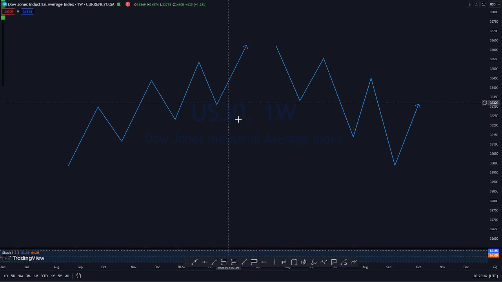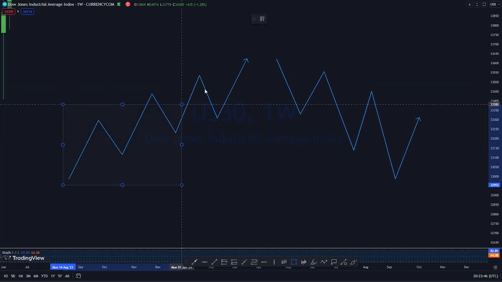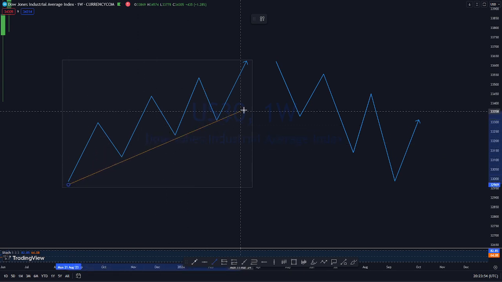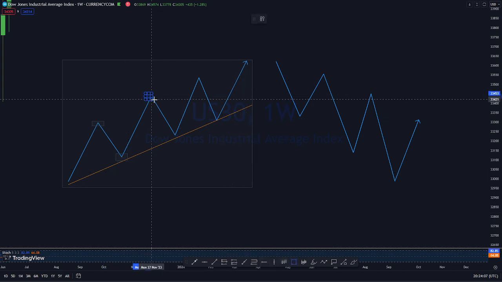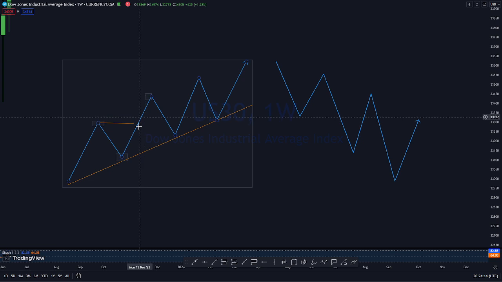So let's first look at this diagram, or this structure here, right? As you can see, it's an uptrend. And how we see that it's an uptrend is because the market is making a series of higher highs and higher lows. So if the market is breaking highs and forming higher highs and higher lows, we know that the bias direction of the market, or the structure of the market, is to the upside.